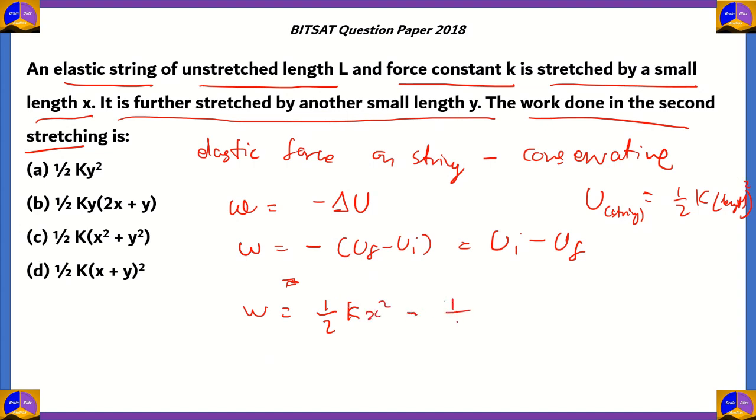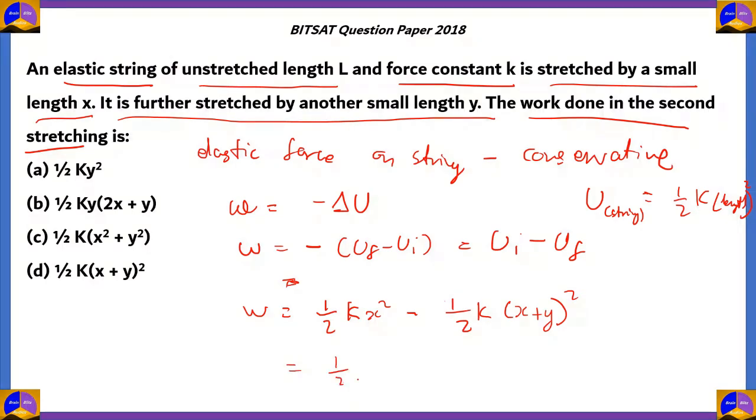Then in the second case, it is further stretched by a small length Y, so therefore there's already an initial strain, but then you act on that strain. So therefore, the length that is stretched here is x plus y.